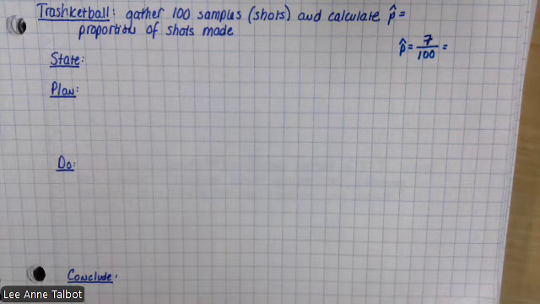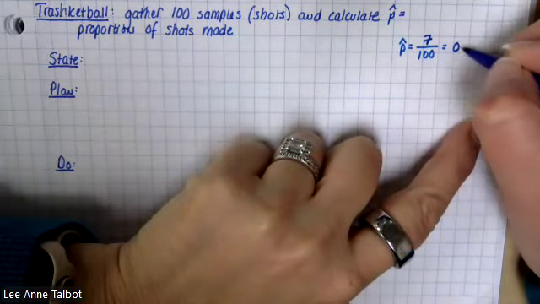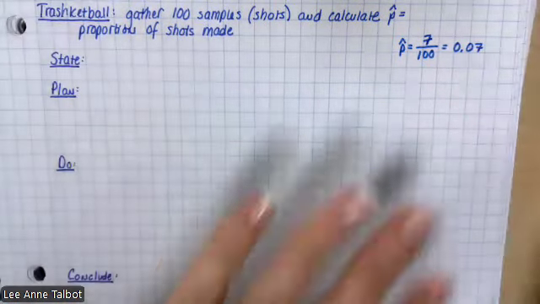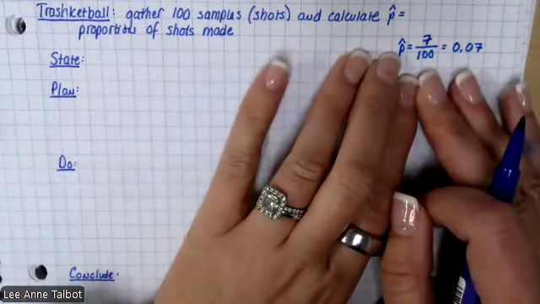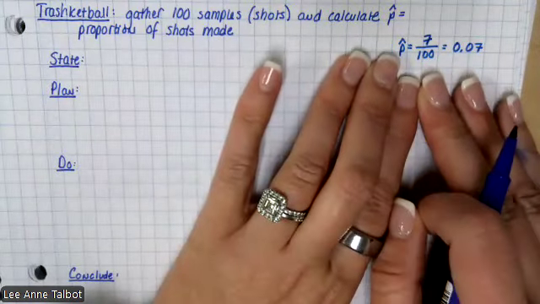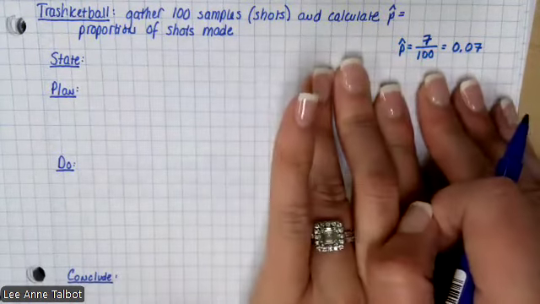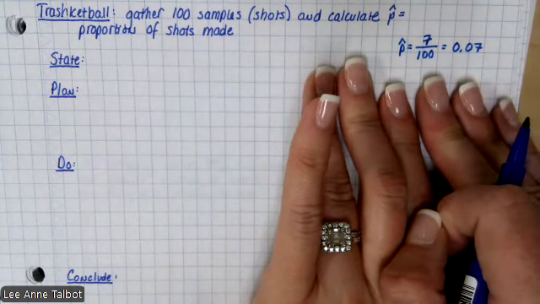That's Mrs. Talbot's group. Don't tease me. I am a math person, okay? I went with 7 because I'm not an athletic individual, and I'm assuming that's about how many I would make out of 100. Over here, I'm going to put 0.07. I'm going to use this number. You guys don't use this number, use the number that you have for your group. Does that make sense?